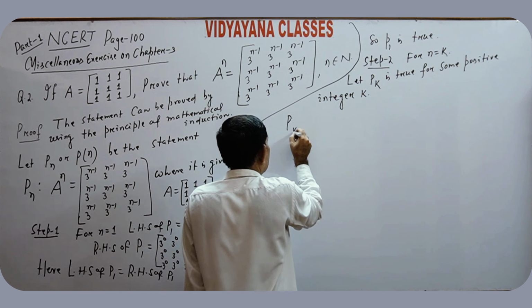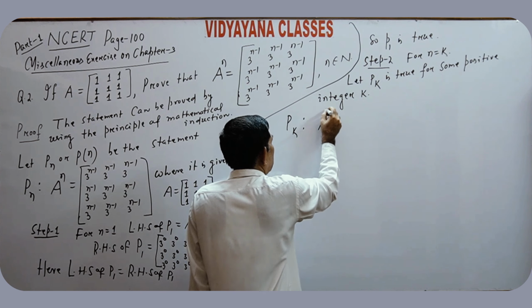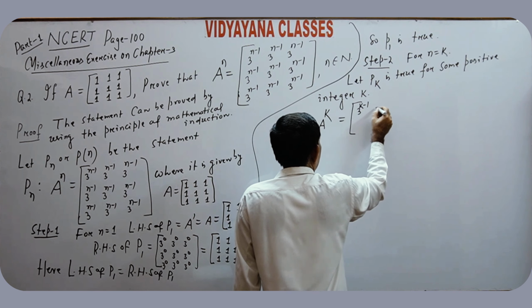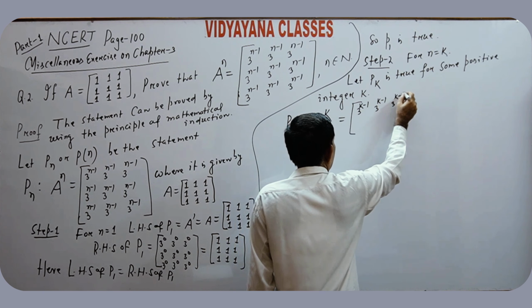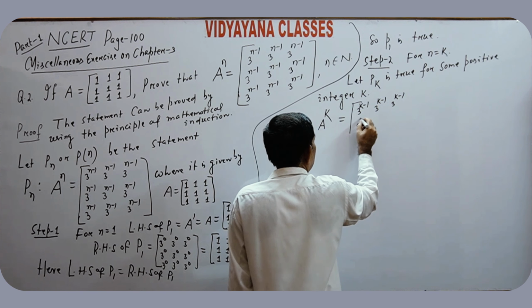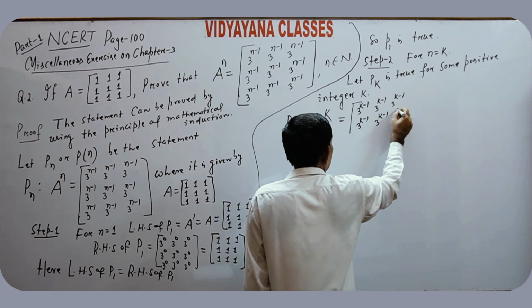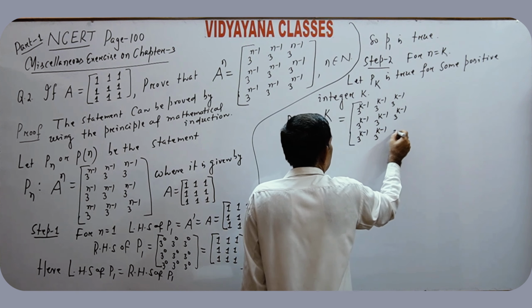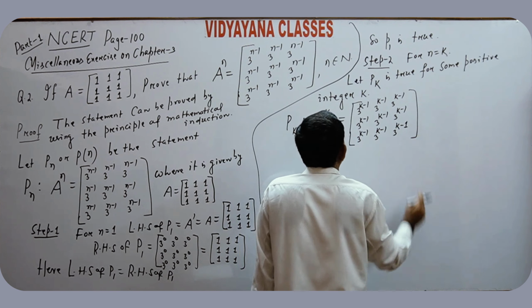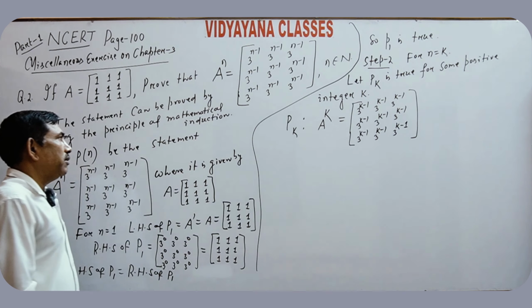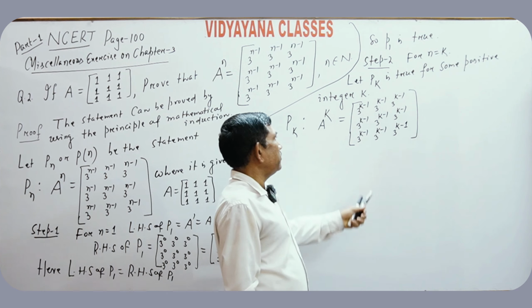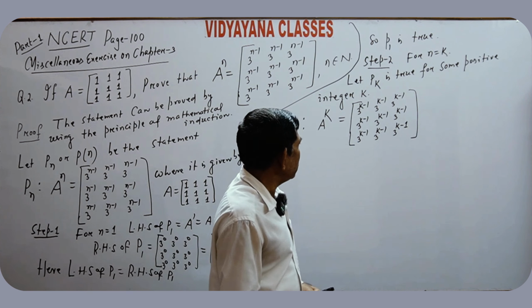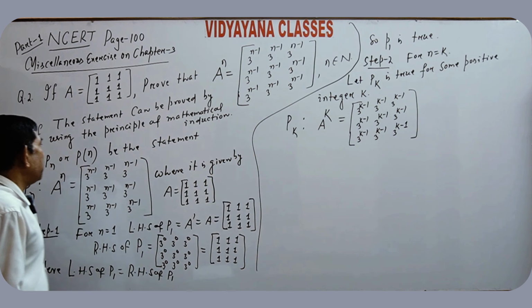Pk so that A to the k is a matrix of order 3 having each element 3 to the power k minus 1. Each element is 3 to the power k minus 1.